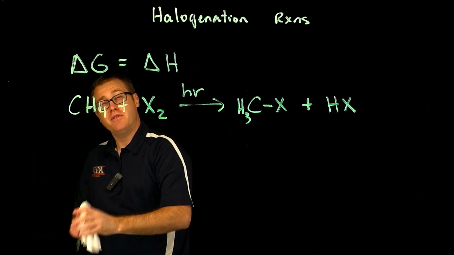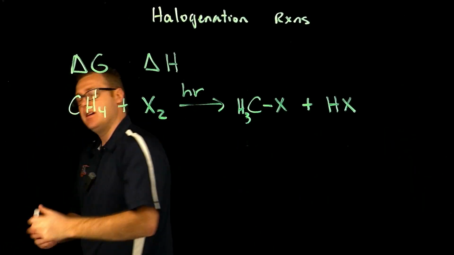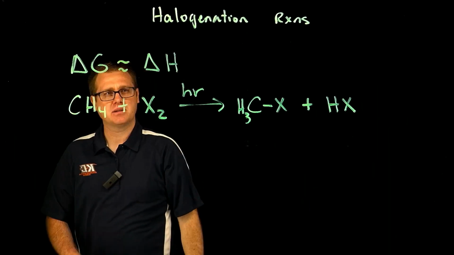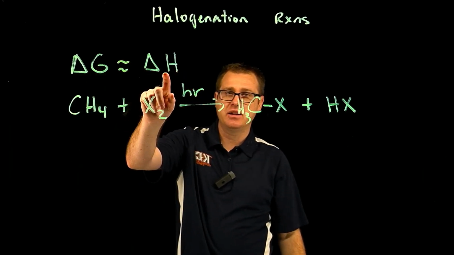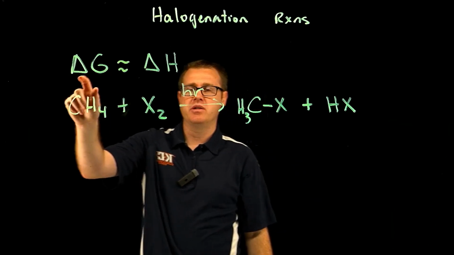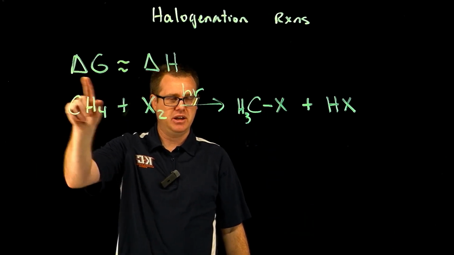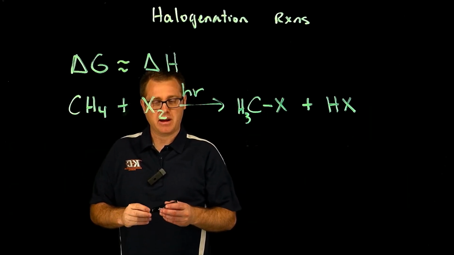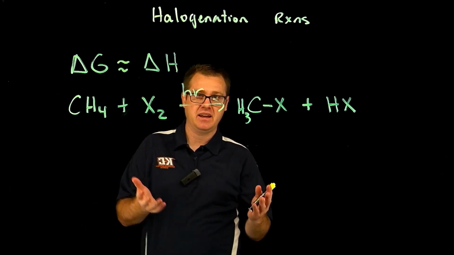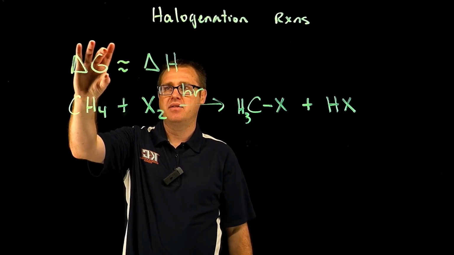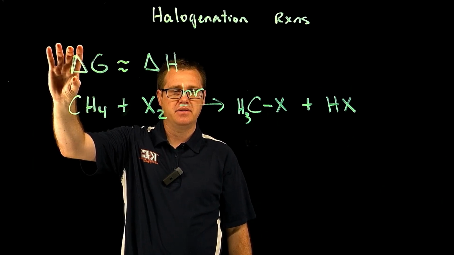We can roughly approximate that if we can calculate the enthalpy, that's going to equal the Gibbs free energy. And recall, a reaction is going to be spontaneous or favorable if the delta G is negative.